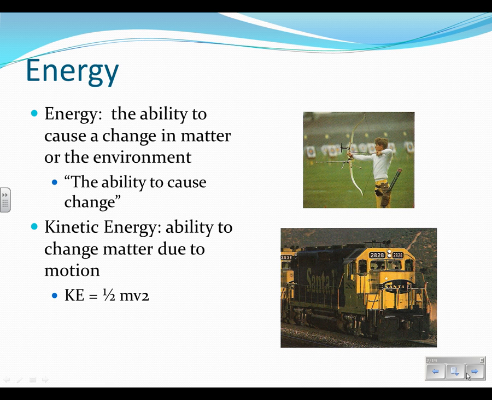So an object has to be moving. Kinetic energy depends on a couple of things. First, the formula, 1/2 mv squared. It's supposed to be 1/2 mv squared, but when I reformatted the slide, it took away my superscript. So 1/2 mv squared. Okay?